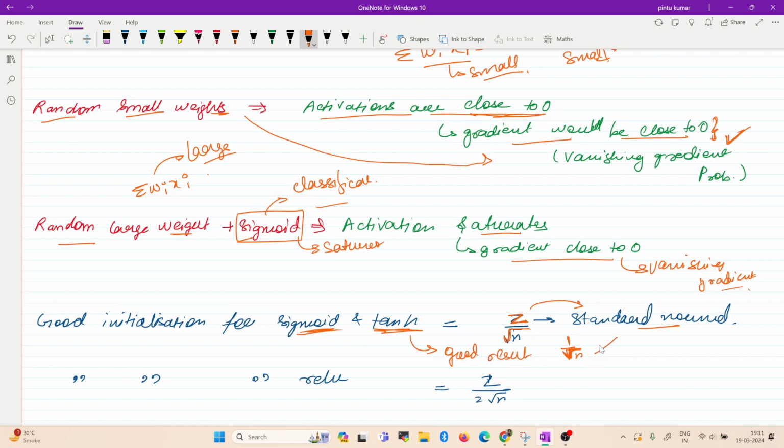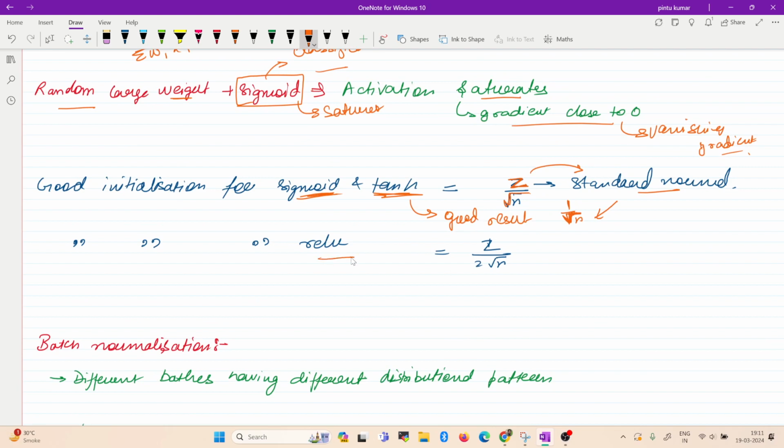So this is the initialization that you can take. For ReLU, people have experimentally shown that z by 2 root n works better. Again, this z is your standard normal distribution.